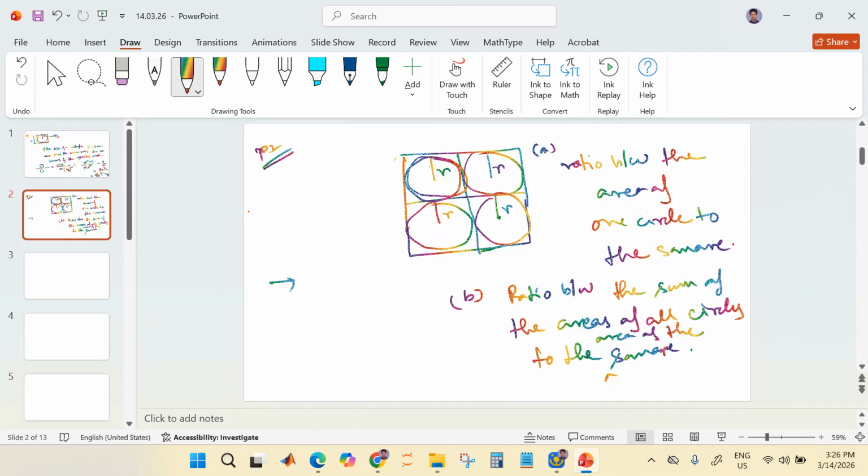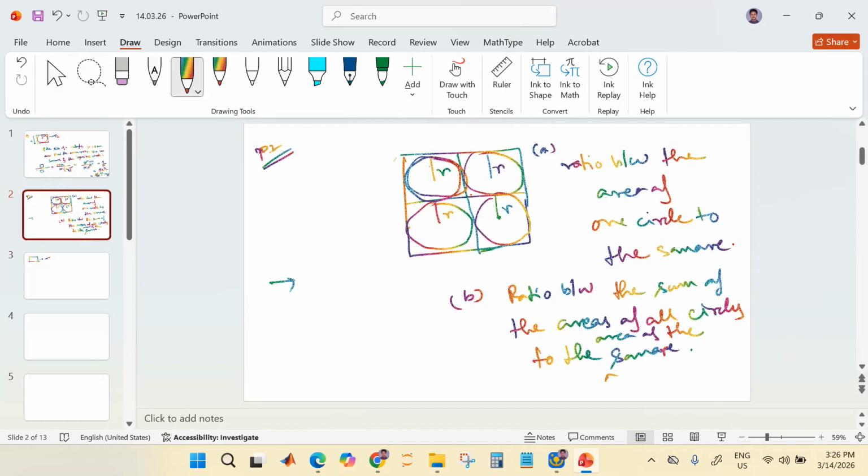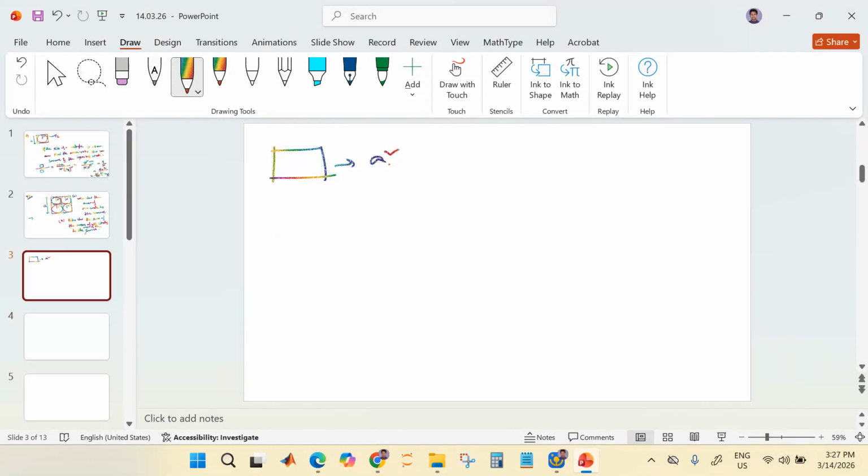See how it will be done. For this case, if I say the large rectangle area, then it is a square. See, nothing is given, so take it as a, but the values are not given. It is a square. So what is one part?